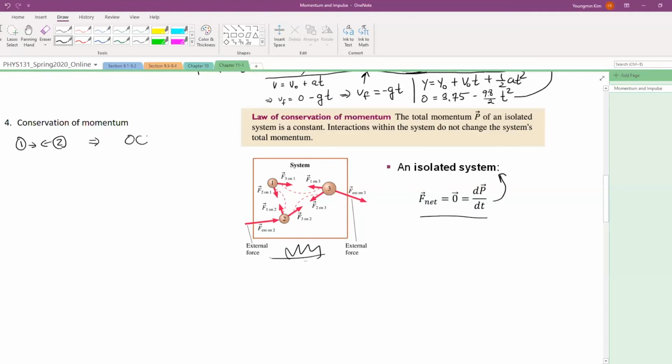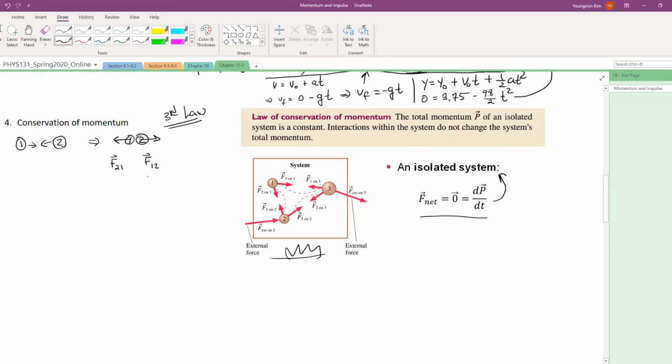At collision, they're going to each exert a force against one another. Let's just call the force that particle 2 exerts on 1 force 2-1, and here you have the force that particle 1 exerts on particle 2. What did we learn from Newton's third law?